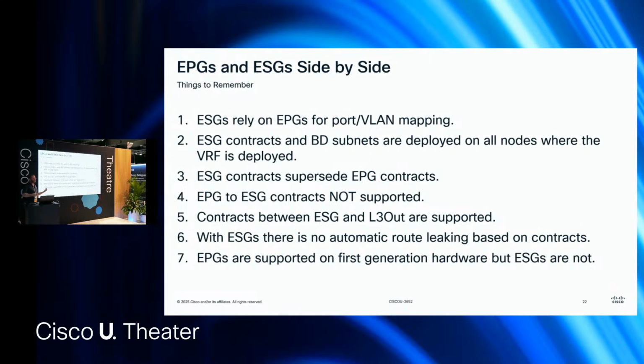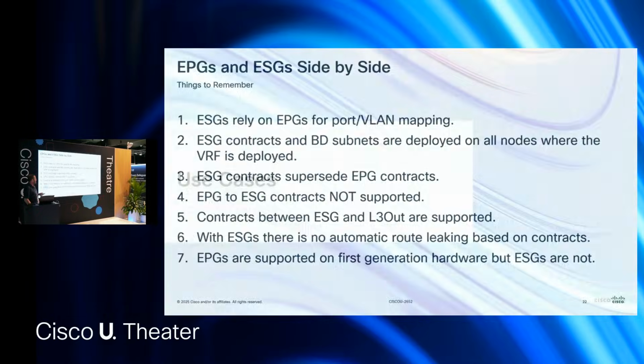But it makes sense because ESGs were introduced in 5.0 and you can't run anything over 4.2 on first generation hardware anyway. But with the contract talk I was referring to, the deep dive on contracts, I had done it on my old fabric. And so I thought, oh, I'll use an IPv4 tag instead of just IP for the filter. And it would configure it, but then it'd be disabled. So it was kind of pointless. So I learned a hard lesson there. So keep that in mind.